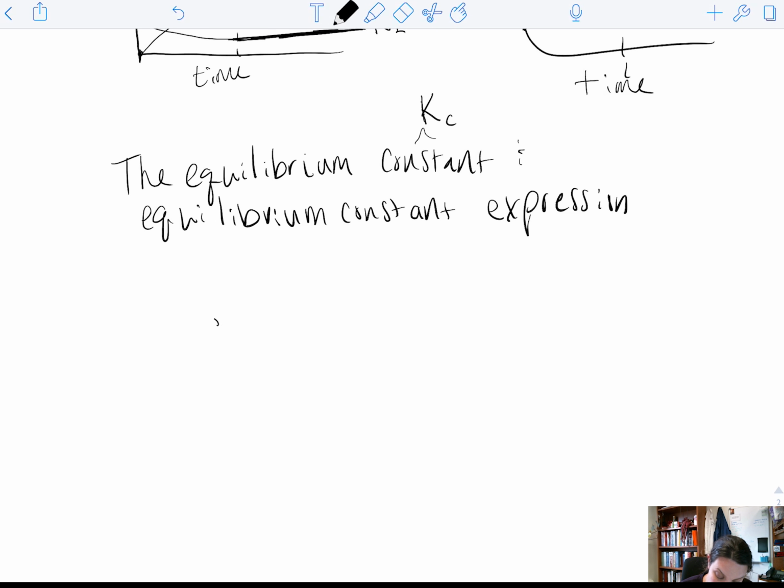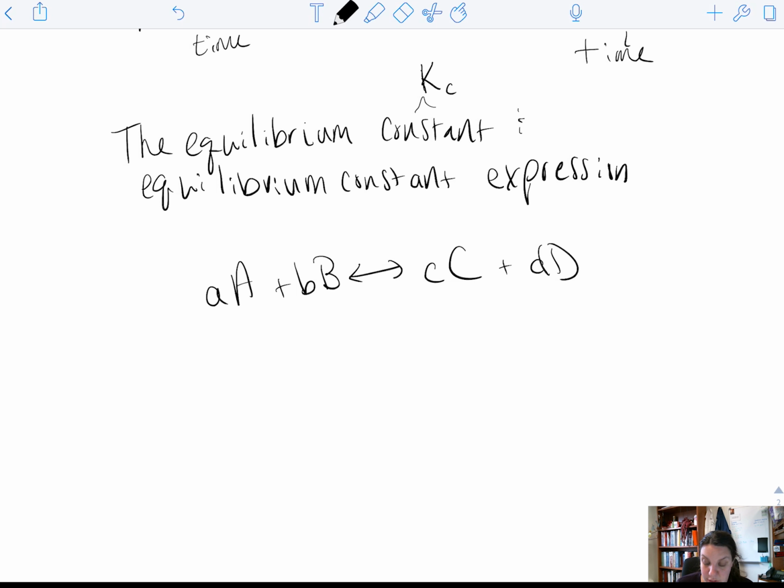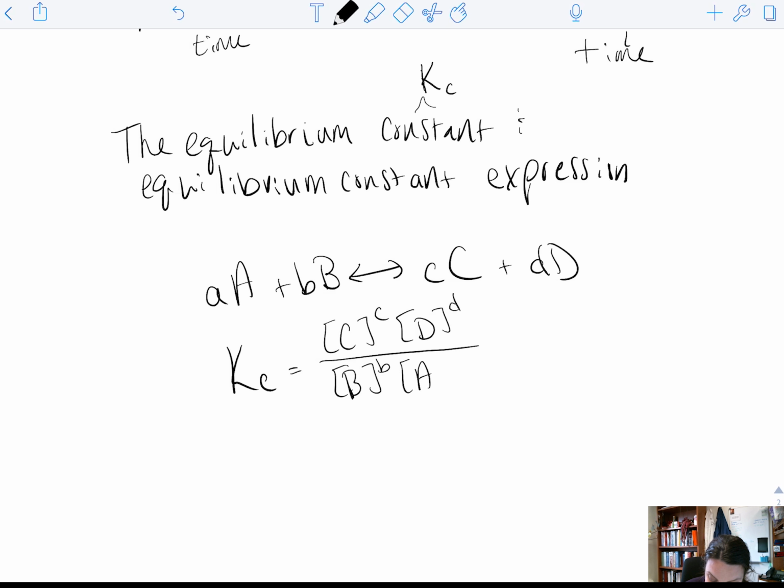So let's take the general equation: aA plus bB is in equilibrium with cC plus dD. If we want to write the equilibrium constant expression, we would say that Kc, big K again, is equal to the concentration of C to the c, concentration of D to the d, over the concentration of B to the b, concentration of A to the a.